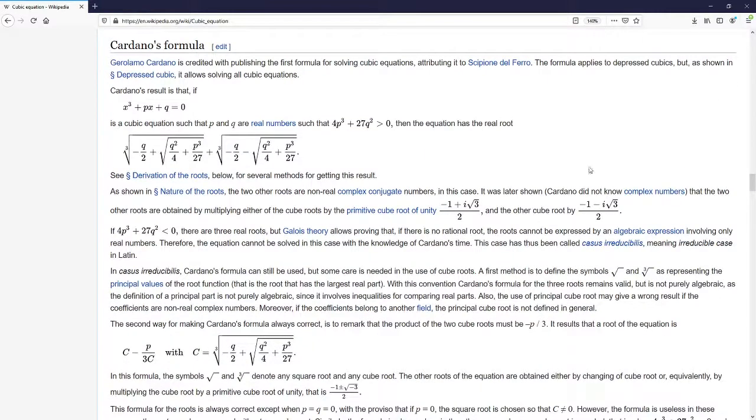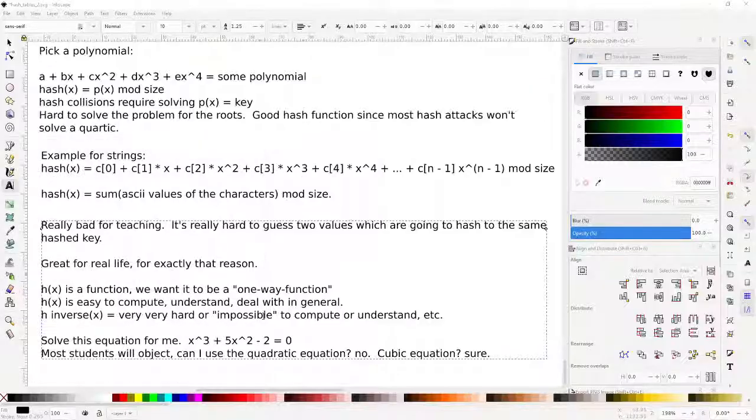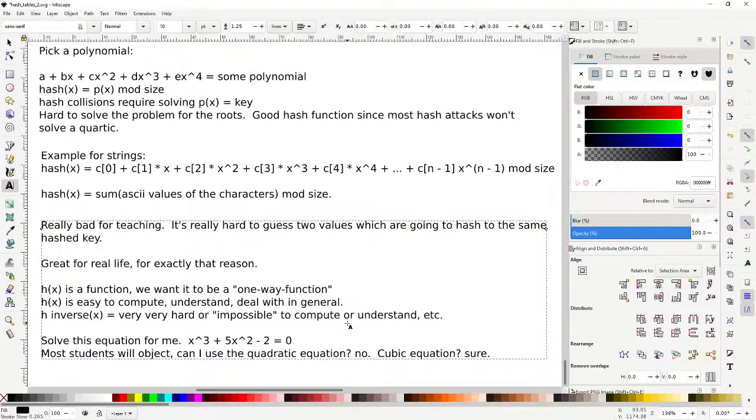But then I say, okay, well, if that's too easy, right? So you think the cubic equation is too easy. We can solve that. So then I'm like, okay, just increase the degree, right? All right, now it's a 17th degree equation.